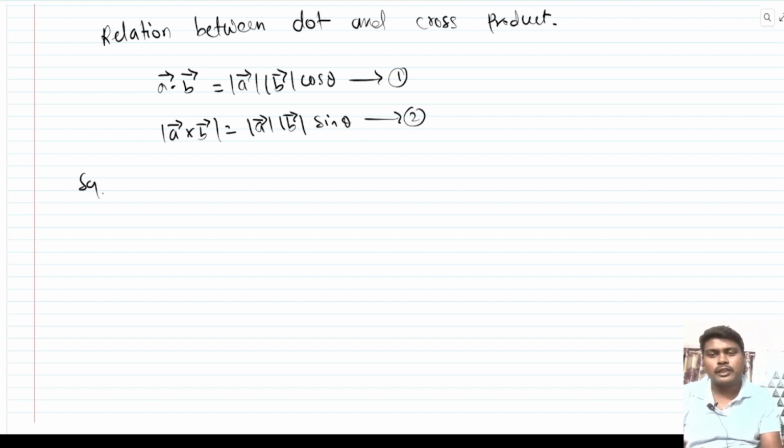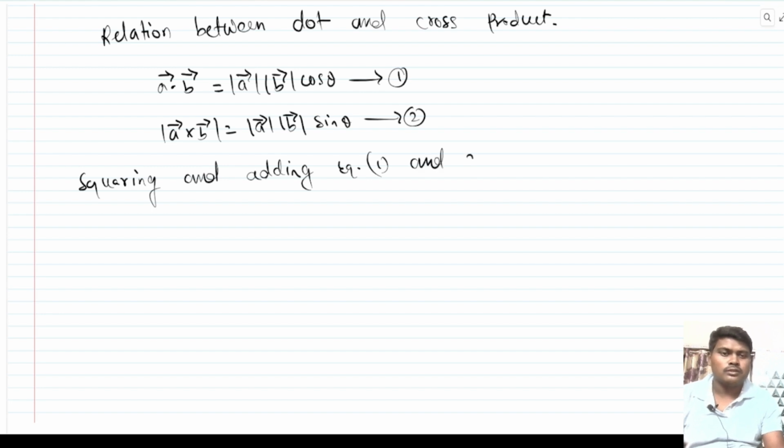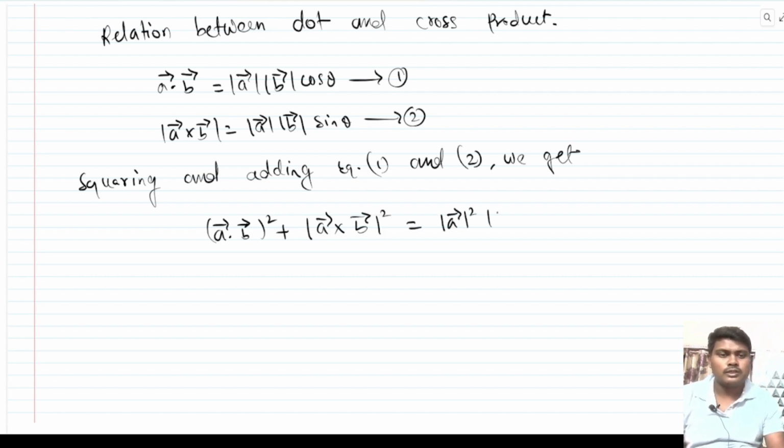Now we square and add equations 1 and 2. Then we get a dot b whole square plus mod a cross b whole square equal to mod a square mod b square cos square theta plus mod a square mod b square sin square theta.